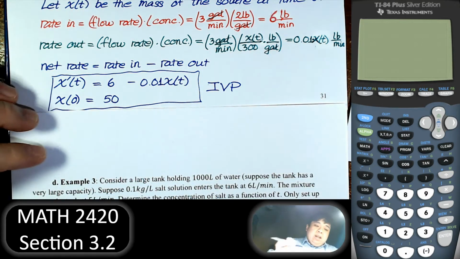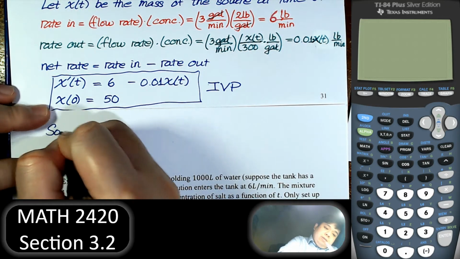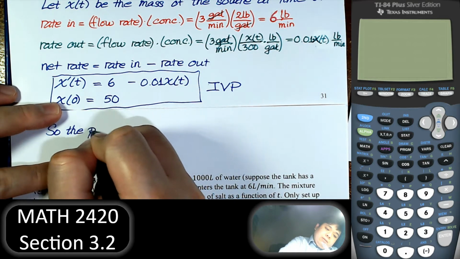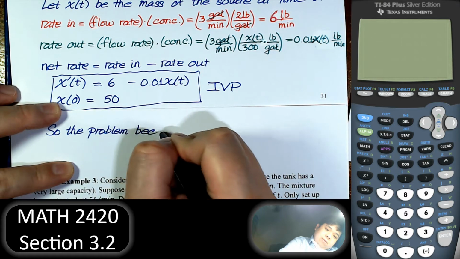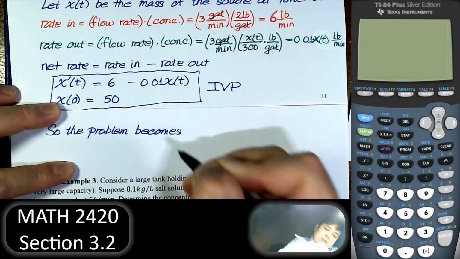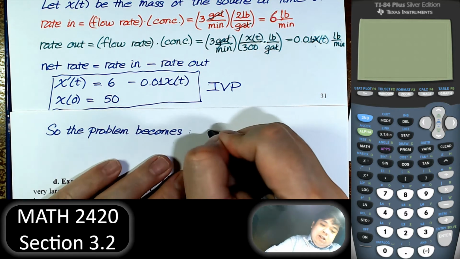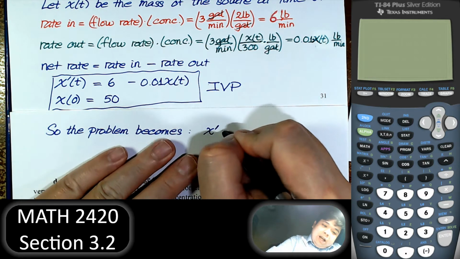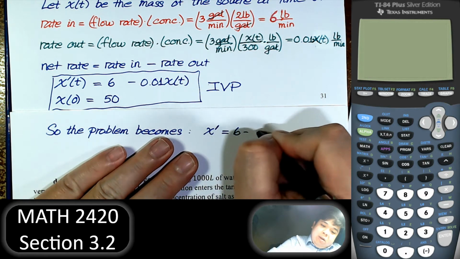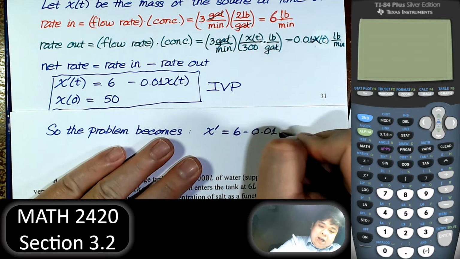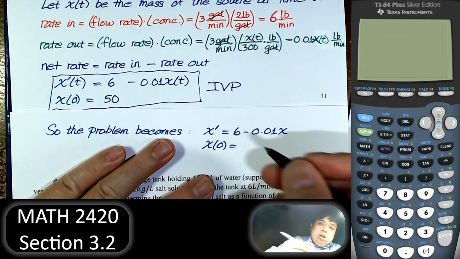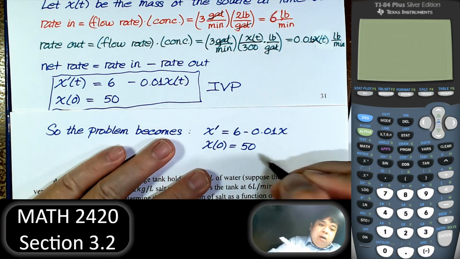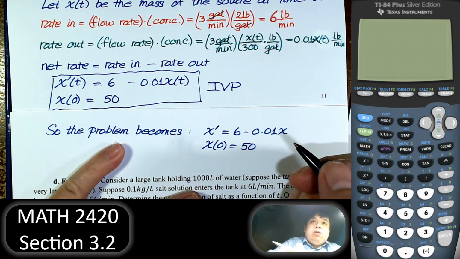So that's easy. So the problem becomes: x prime equals 6 minus 0.01 x, x of 0 initially is 50 pounds of salt.